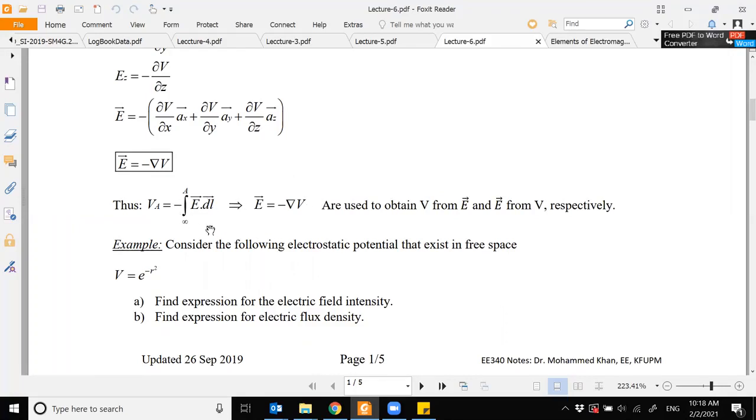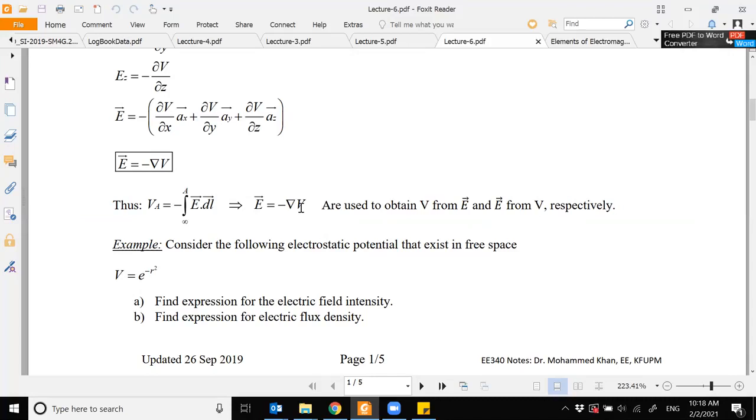Both these expressions are very handy. The first expression can be used when the electric field is known to you, and then you need to find the potential at a particular point. The second expression becomes very handy when you know how the potential is varying in free space, or in any material.